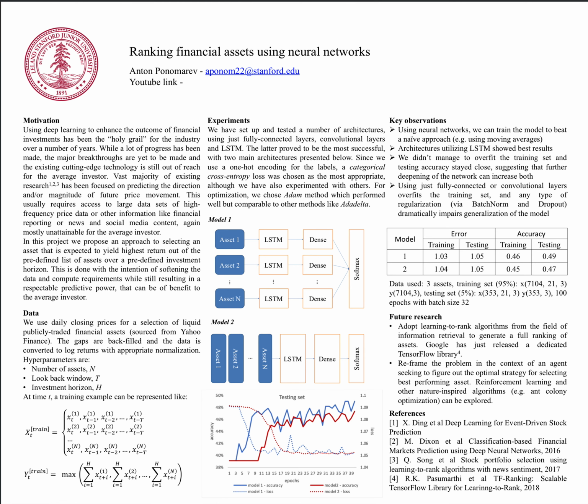And the actual relationship between that data and the relative performance of the assets is quite complex. So what I found is that the network either learns very slowly or it overfits the data, and in both cases it does not generalize well, and that's particularly true for the fully connected and convolutional network architectures.